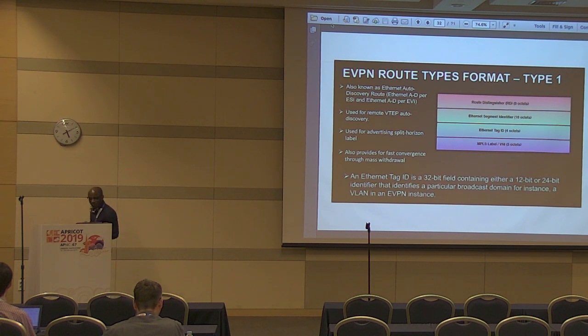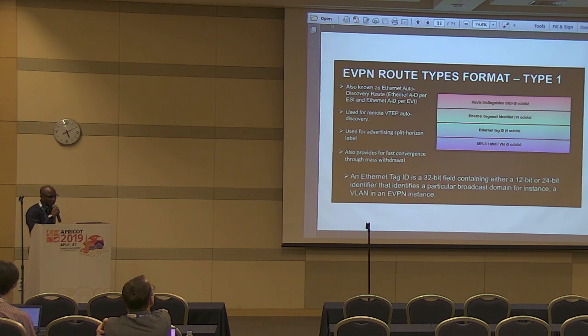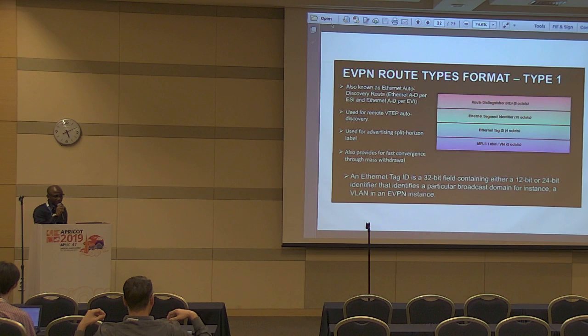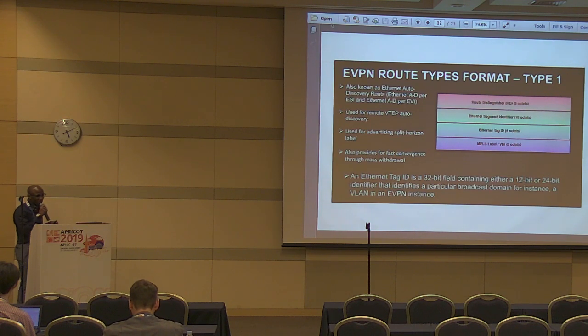And the usages: as I've mentioned, the type 1 route is known as the Ethernet auto-discovery route. As I've said, there are two types of the auto-discovery route. There is the Ethernet auto-discovery per Ethernet segment identifier, and there is the auto-discovery route per EVPN instance.